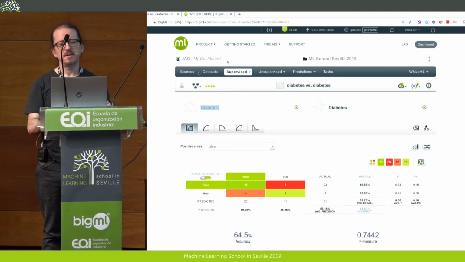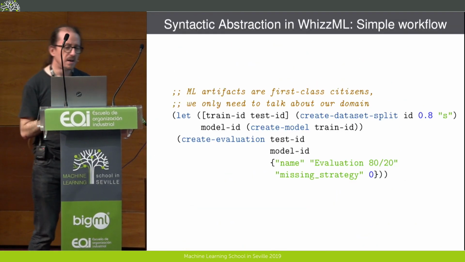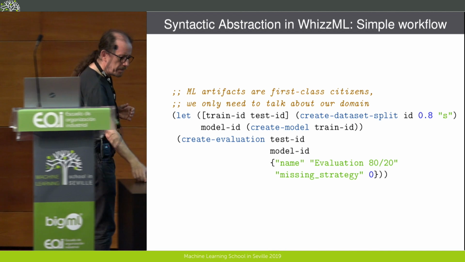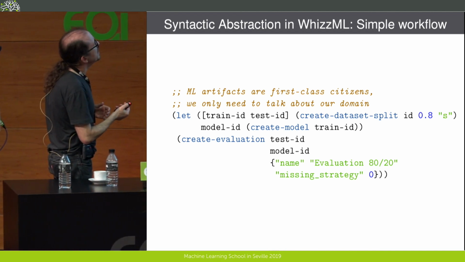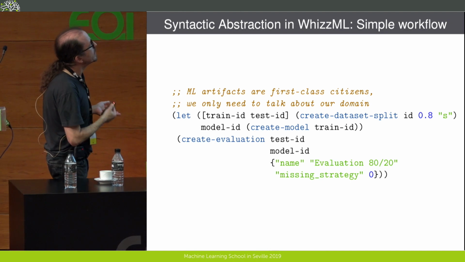And I could do that, right? Let's do it. So I was experimenting with these primitives, and I'm happy, things seem to work. Now I can go and create my workflow.